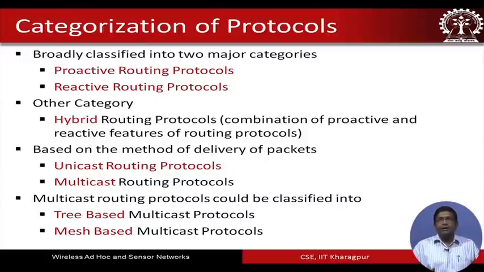Multicast routing protocols can be classified into different types. There are two very well known classifications: the tree based multicast routing protocols and the mesh based multicast routing protocols. There are a few other classifications of multicast routing as well.